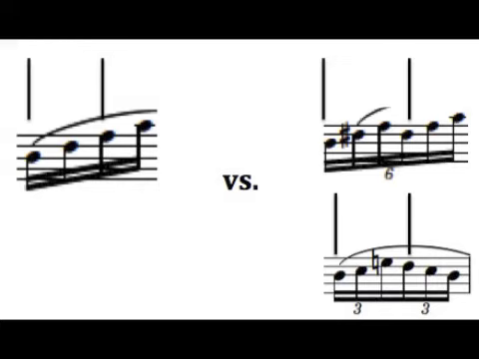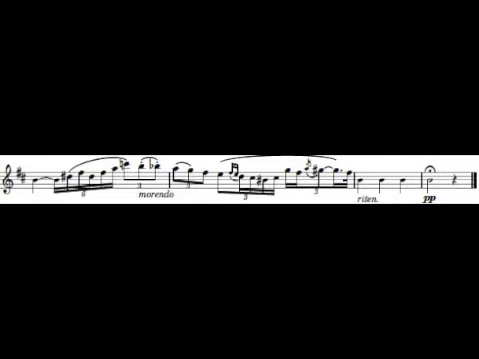And this is the type of subdivision that we need here at the end. So let's look at that 4th bar from the end. Here, if we have our 8th note pulse going, we would think 1 and triplet, triplet, 1.